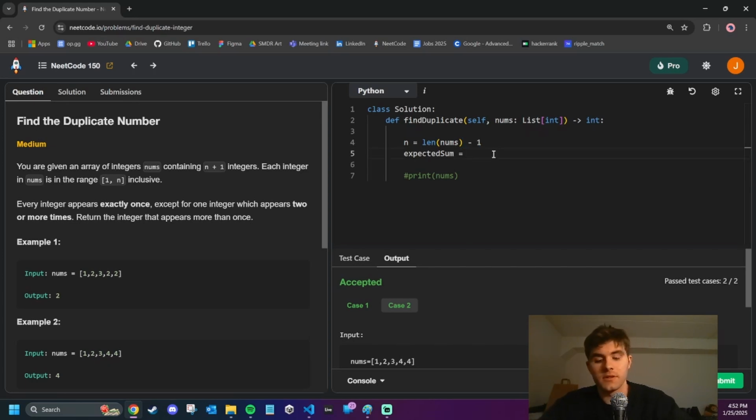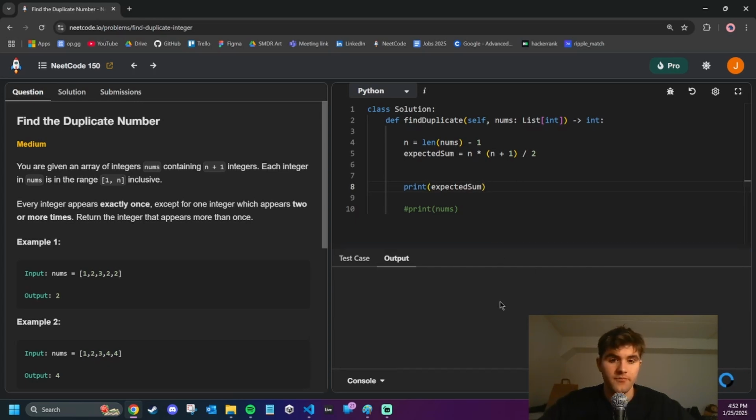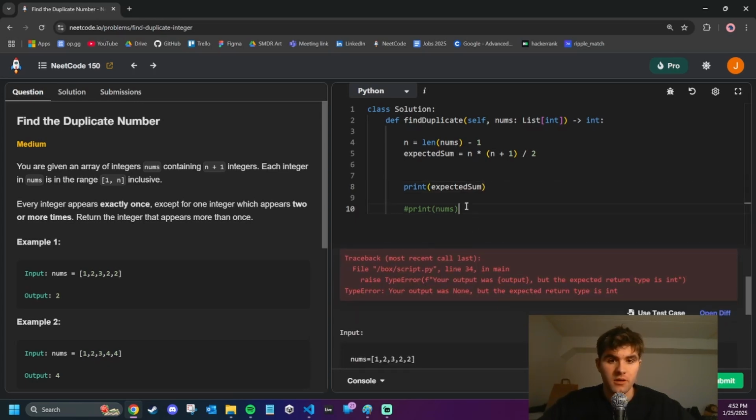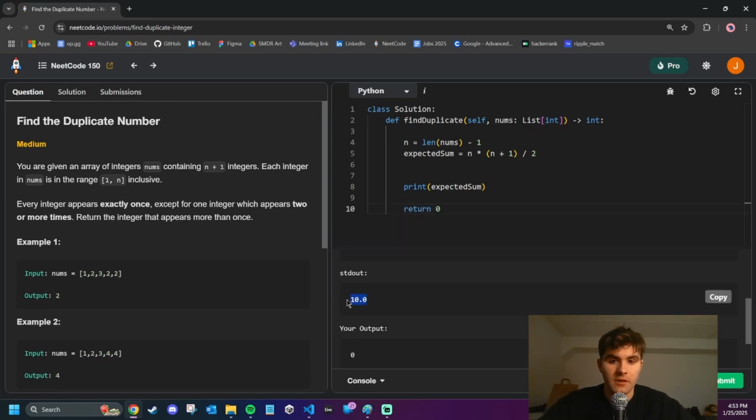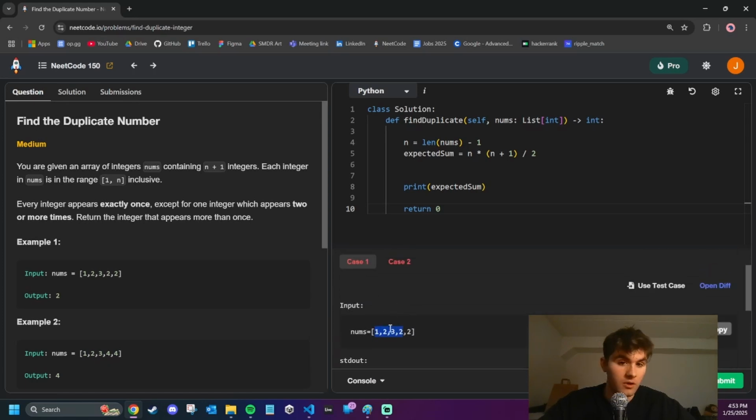Yeah. So the expected sum should be n times n plus 1 divided by 2. And then we'll just return 0 to see the error messages. 10. So because it's 4, okay, but it gets tricky when you have more than one duplicate, but I can do it for one duplicate.